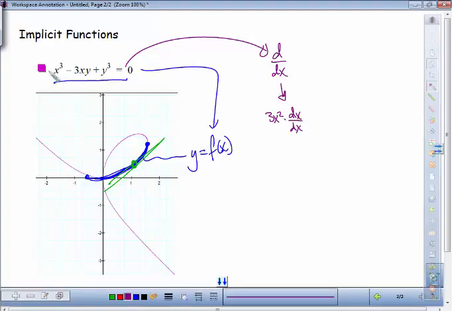So it's like a chain rule that we're applying. Now this is going to be hard. It's not that hard, but it's a product. So I'm going to keep the negative 3 outside and just focus on the xy. So derivative of the first times the second plus the first times the derivative of the second. So this is the dy dx that comes out that we'll need to solve for.